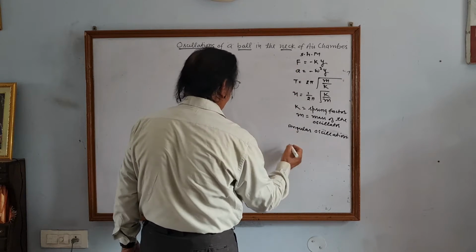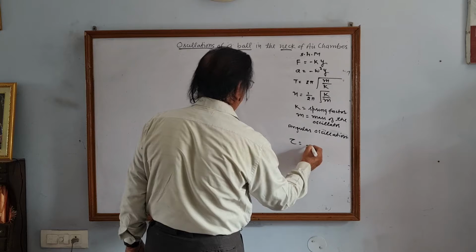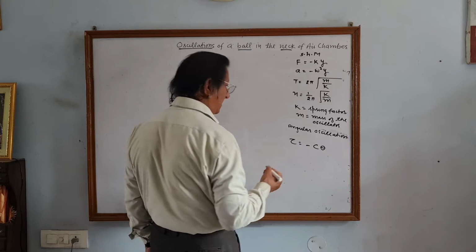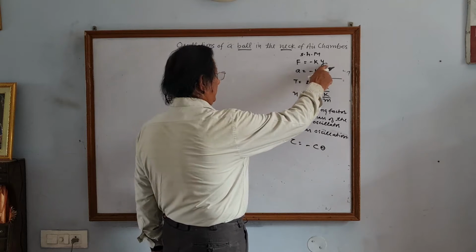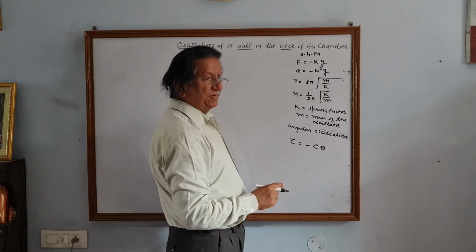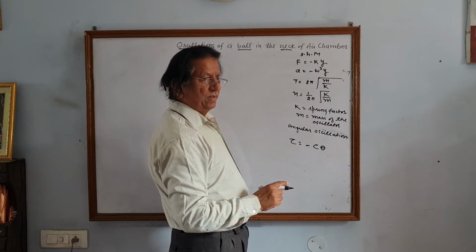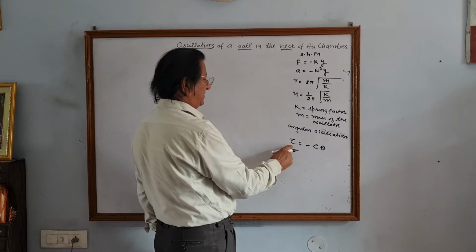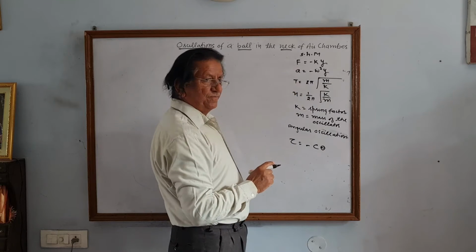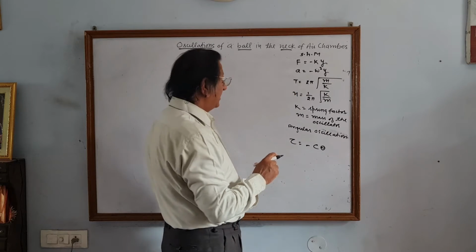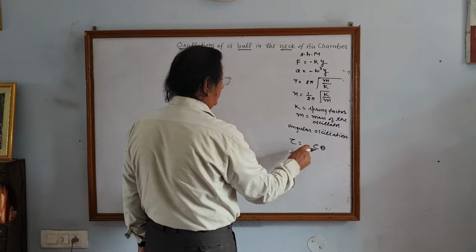So this formula will become torque equals minus c theta. Y is linear displacement, theta is angular displacement. Clear? And for rotational motion there is a torque. For linear motion there is a force. Clear?